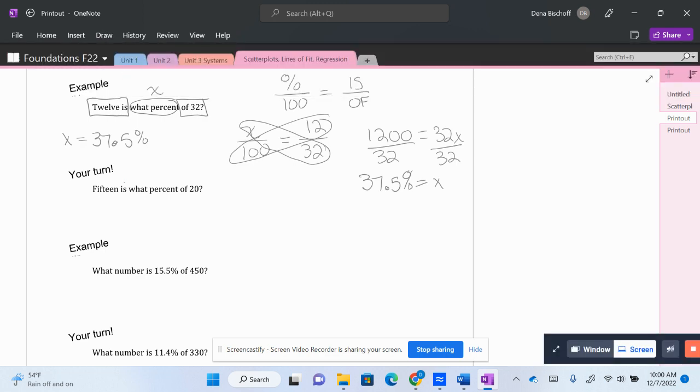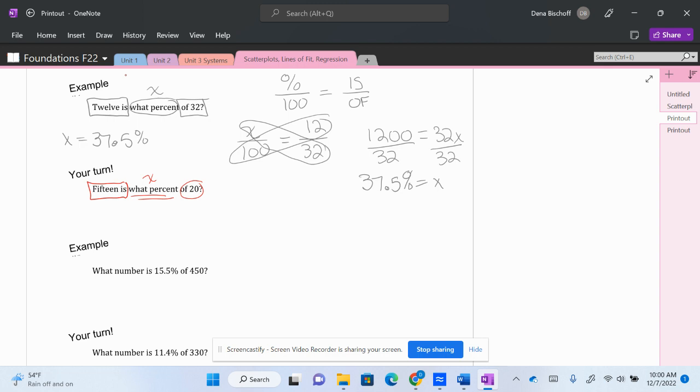Let's try another one. 15 is what percent of 20? X over 100 equals 15 over 20. So I'm going to let you solve this one. So cross product. So you should have a copy of these notes. 20x equals 1500.